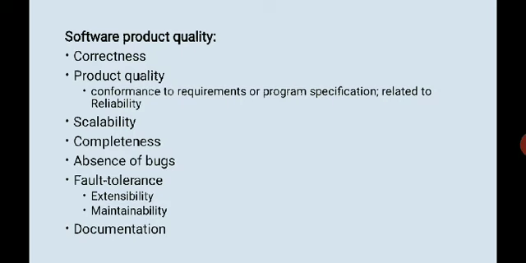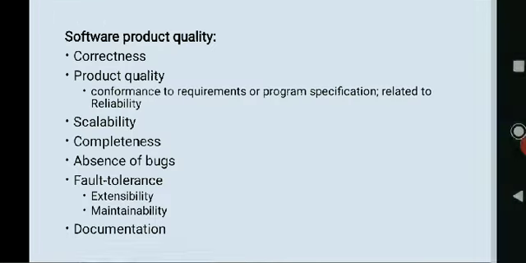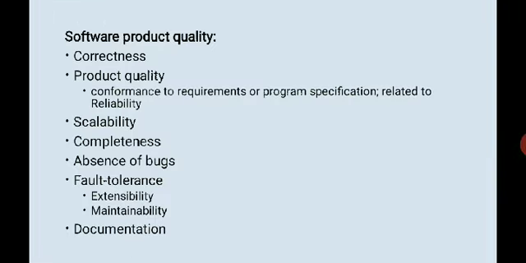After this, there are a few more software product qualities. The product has to have correctness. The product quality has to be in conformance to requirements or program specification related to reliability. Whatever you are conforming to, it has to abide by them.